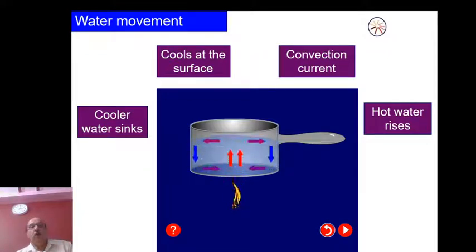The hot molecules of water cool on the surface of the water. So this process is regularly happening and giving the convection current. The arrows of the molecules are showing the convection current.